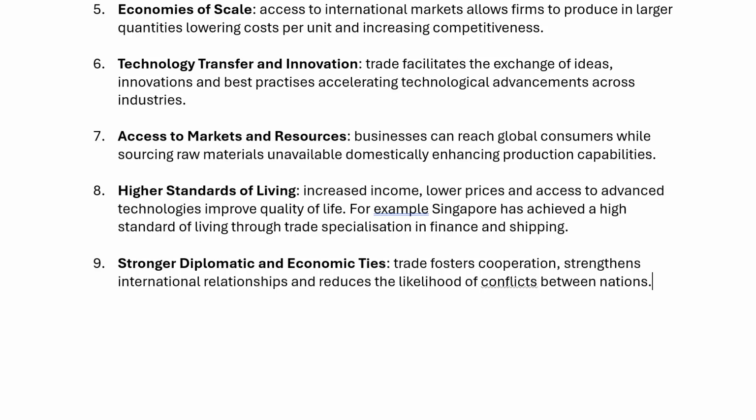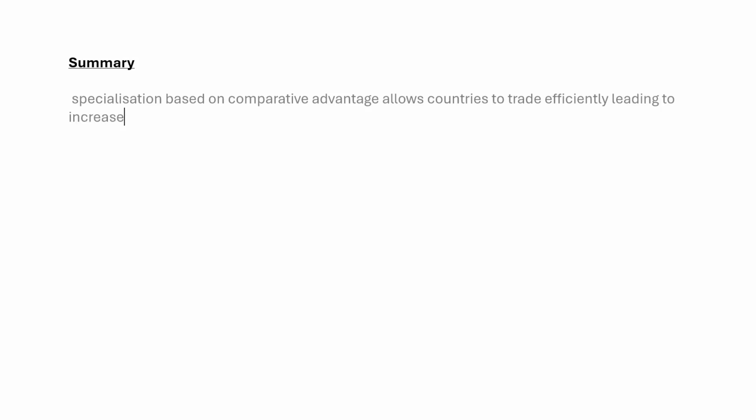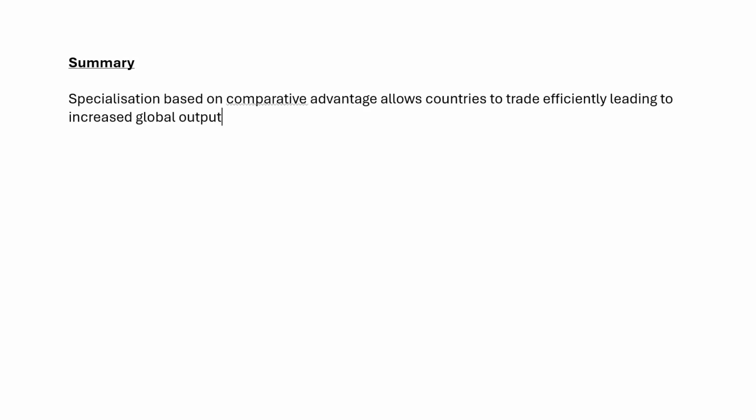Okay, so just to finish up, we're going to provide a short summary to sum up our argument. Specialization based on comparative advantage allows countries to trade efficiently, leading to increased global output, lower prices, and higher economic growth.